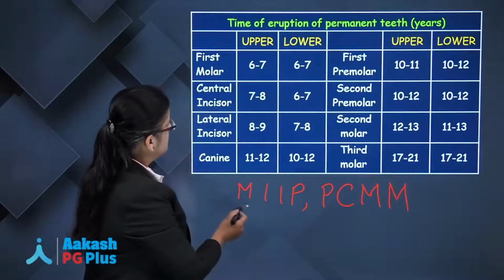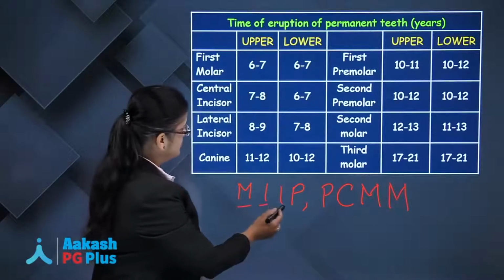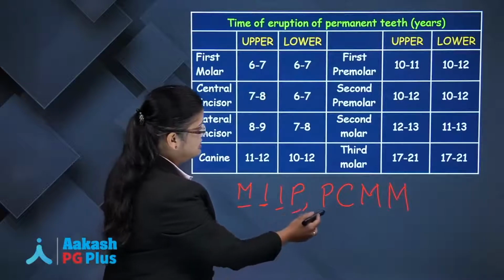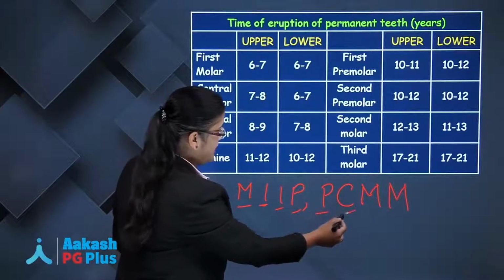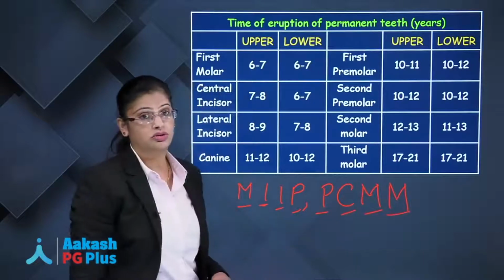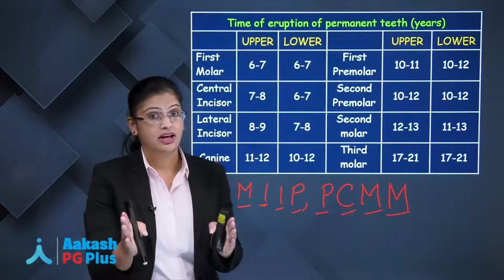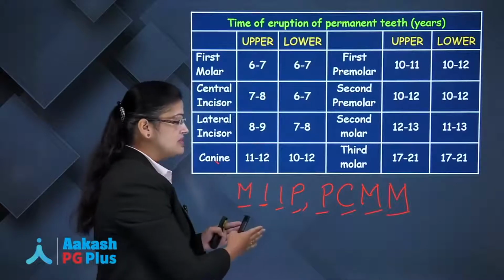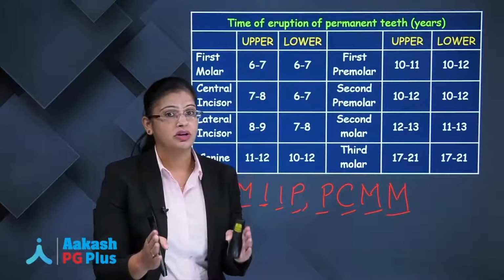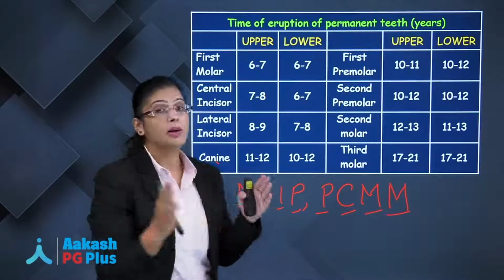So molar, incisors, central incisor, lateral incisor, first premolar, second premolar, canines, second molar, subsequently the third molar. So this table should not scare you anymore. Remember this mnemonic and you will be able to answer any question with regard to the appearance of the permanent teeth.